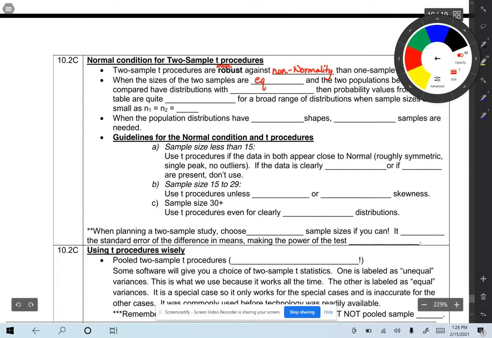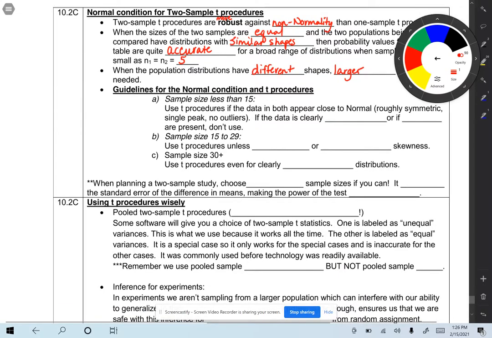When the sizes of the two samples are equal and the two populations being compared have distributions with similar shapes, then probability values from the t-table are quite accurate for a broad range of distributions when sample sizes can be as small as 5. Now, we definitely want larger sample sizes, but they can still be accurate. When the population distributions have different shapes, larger samples are needed.